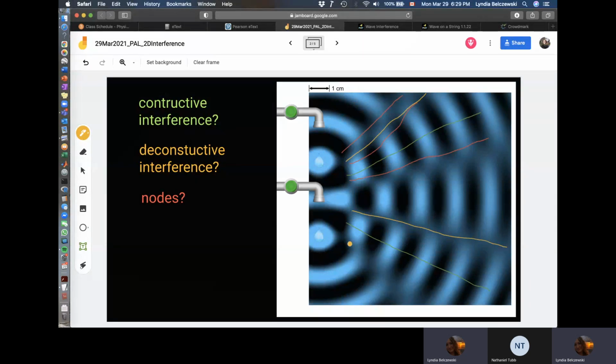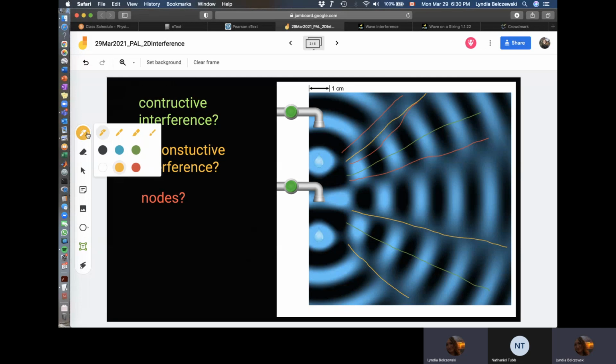I'll highlight two of them. You got another one up there. These fuzzy lines are where there's total destructive interference, and there would be some partial destructive interference in there as well.